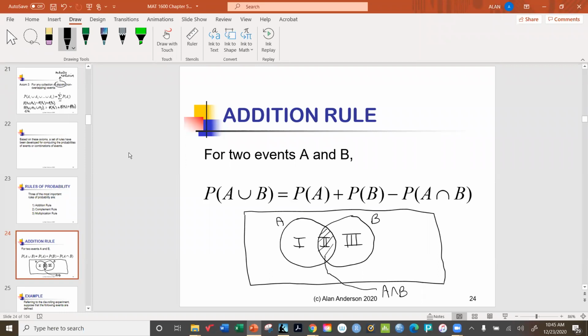Now, if I forgot to subtract this part, I would get this result. And guess what that means? This region is counted twice. So how do I correct for that?